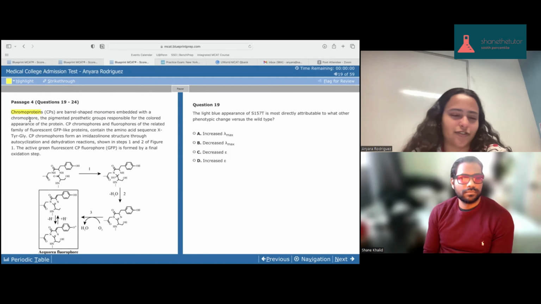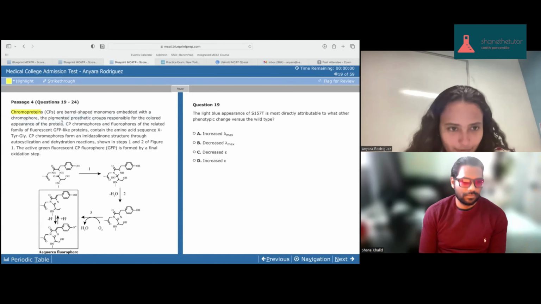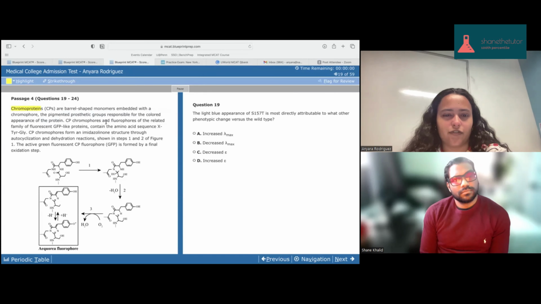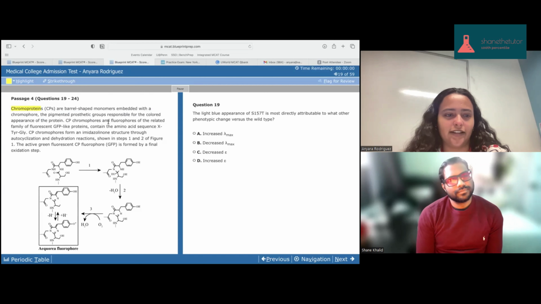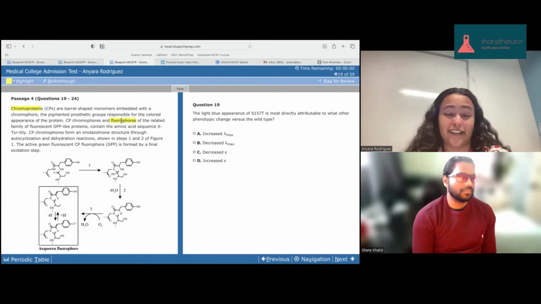It has a chromophore, so it has the pigmented prosthetic groups responsible for color appearance of the protein. CP chromophores and fluorophores of the related family of fluorescent GFP-like proteins contain the amino acid sequence X, tyrosine, and glycine. And here they bring up fluorophores, so fluorescence.